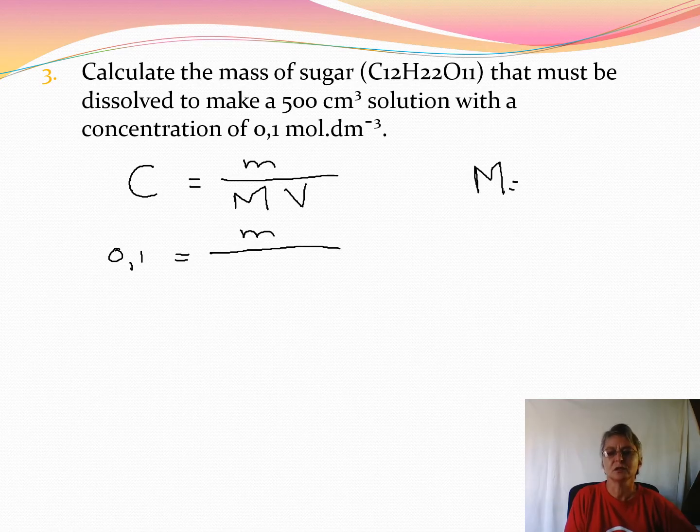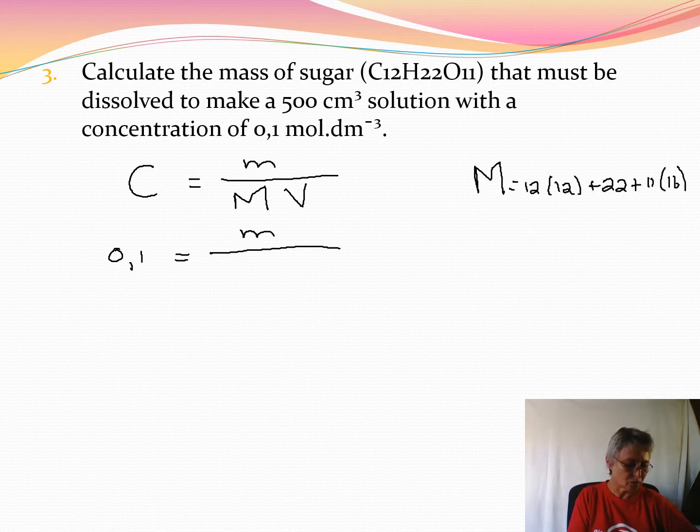So it's 12 times 12 plus 22 for hydrogen plus 11 times 16. That gives us 342 grams per mole.